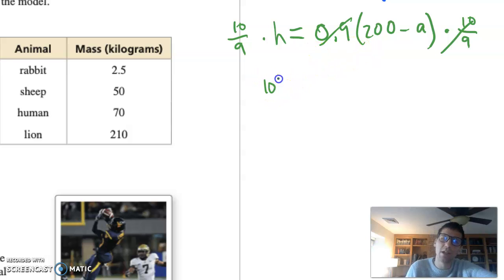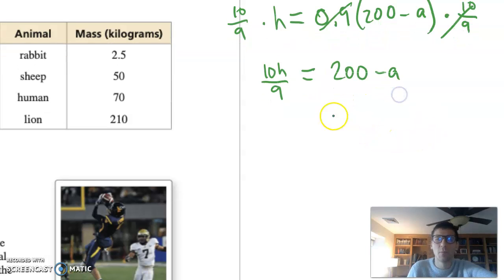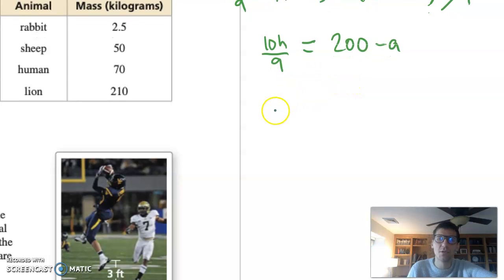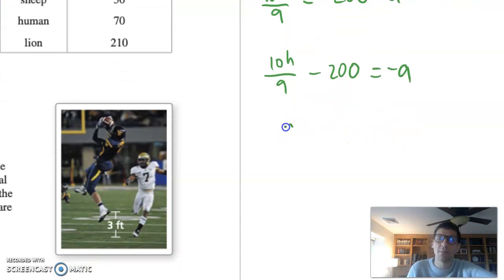So I get 10h over 9 equals 200 minus A. What I now could do is subtract the 200. But that's going to equal negative A, so I could multiply everything by a negative and move my A on the left side, and I would get negative 10h over 9 plus 200.